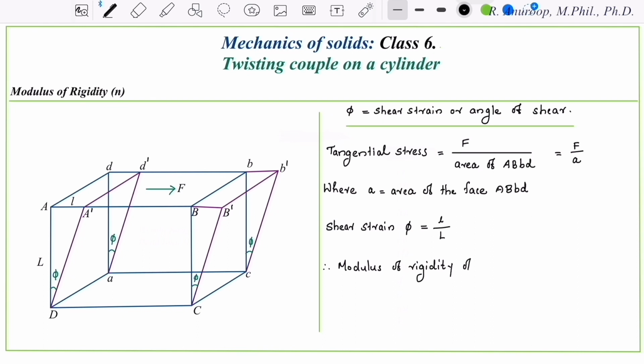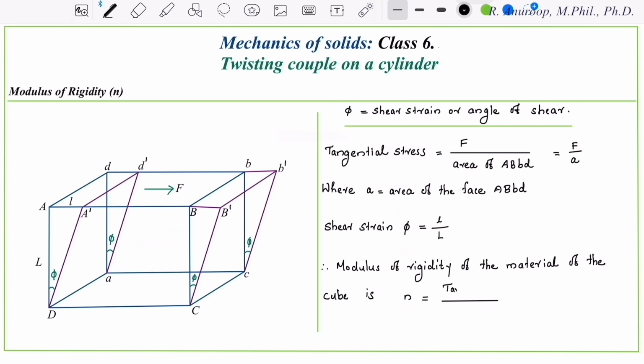Then the modulus of rigidity of the material of the cube is given by n is equal to tangential stress divided by shear strain. Modulus of rigidity is defined as tangential stress divided by shear strain, or n is equal to F by A, that is the tangential stress, divided by shear strain phi.